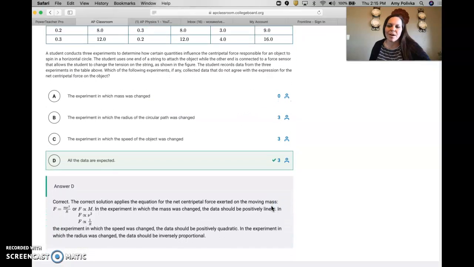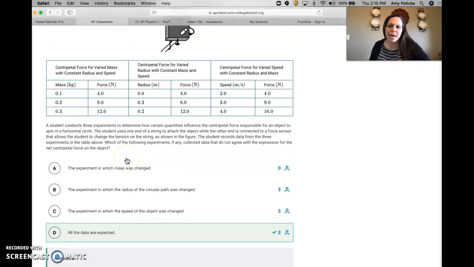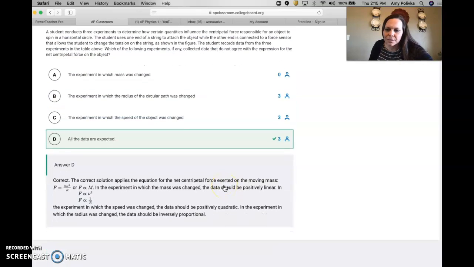And so all the data are expected. And when we do that, we want to find an equation that summarizes all 3 pieces of data. So here we have mass, here we have velocity, here we have radius. So if we look back up here, mass, okay, radius, and what was the other one?